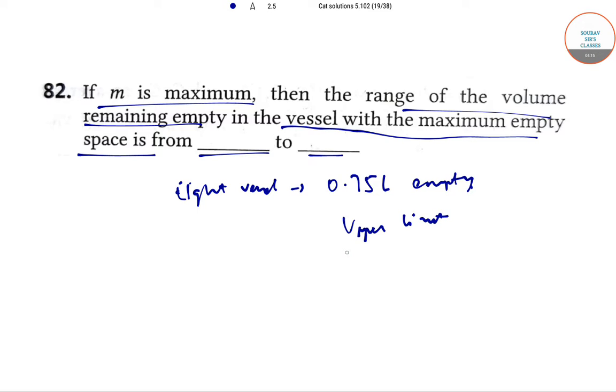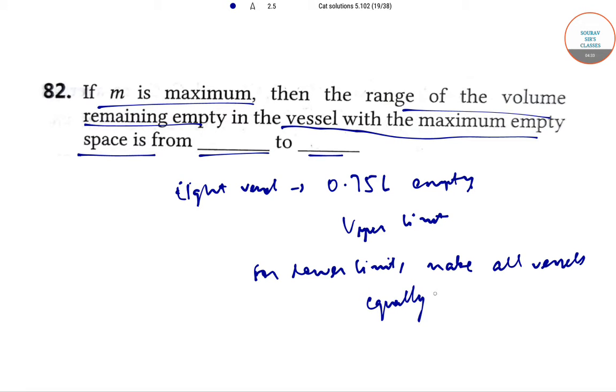Further, for the lower limit, make all the vessels equally full. So for the lower limit, make all vessels equally full, which makes them all 0.1 parts empty.